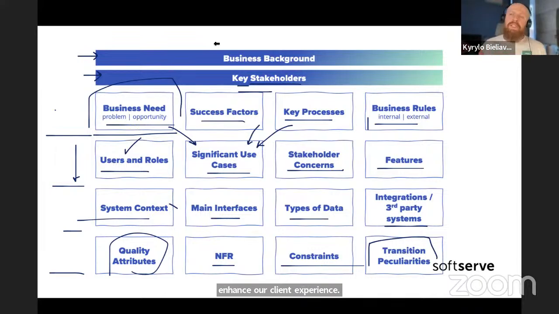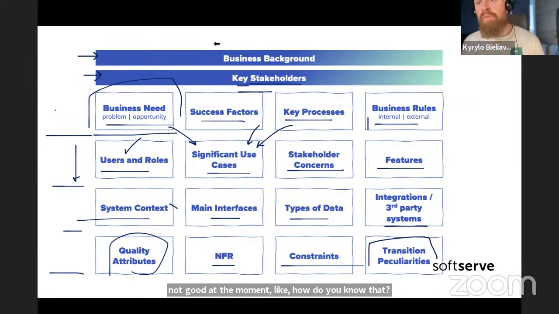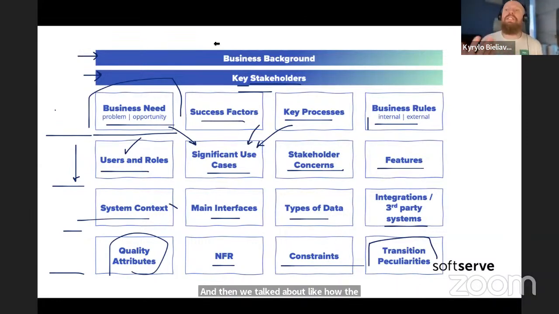And I said, okay, but how do you know that the client experience is not good at the moment? What information do you use to make that decision? And we talked about how they judge whether the client experience is good or not, and then how the solution can impact that metric. By saying metric, it's not always a certain number.